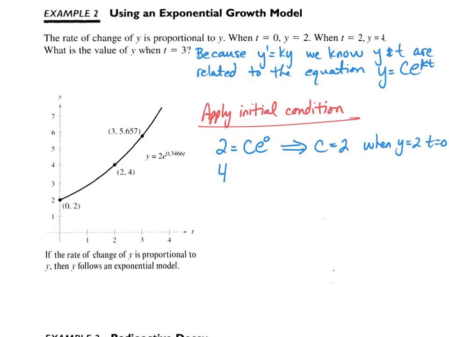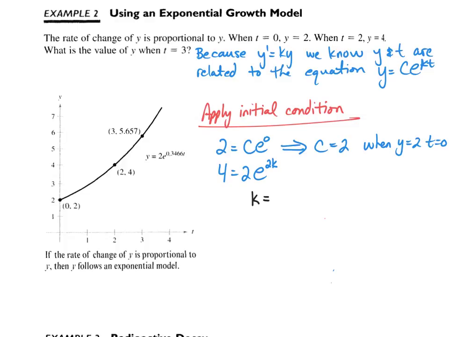So 4 is equal to 2 e to the 2k, because our time is 2. We're using the c that we were able to find from the first initial condition, and then with that secondary value, we're able to figure out what our constant of proportionality is, our k. If I solve for k, how can I rewrite this?